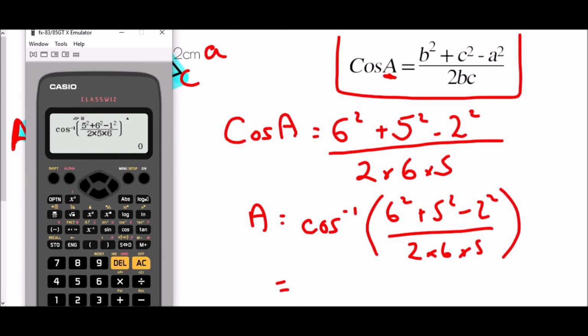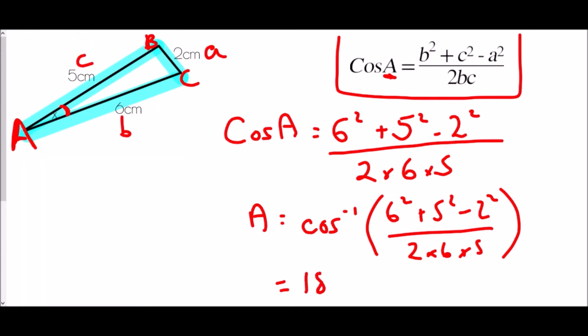Let's see what we get. So shift cos of 6 squared plus 5 squared, take away 2 squared, all over 2 times 6 times 5, close our bracket, and we get 18.19 degrees.